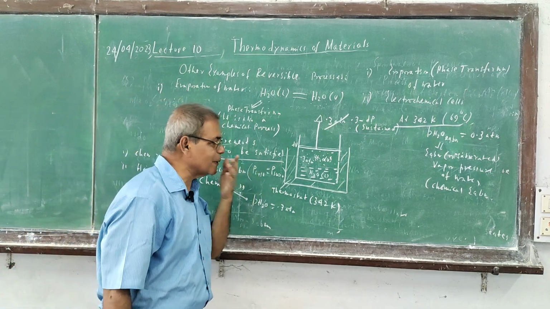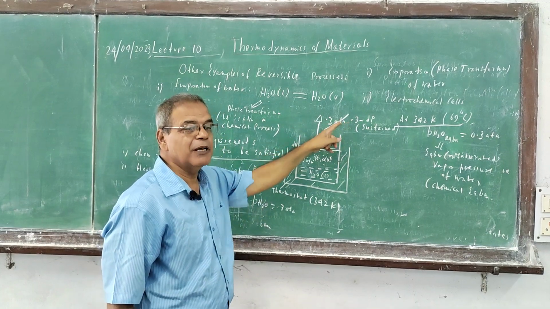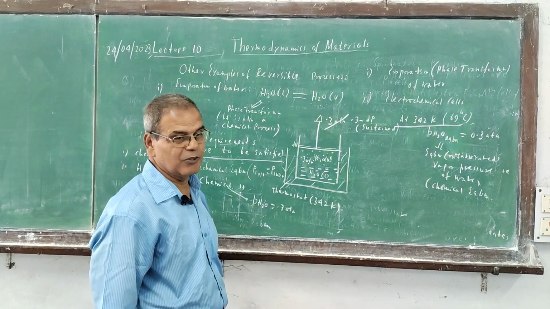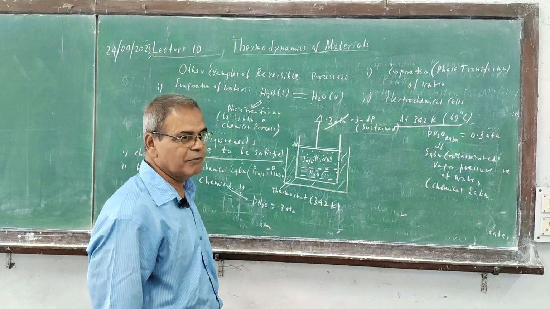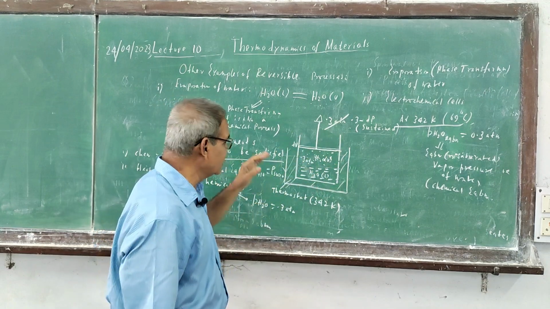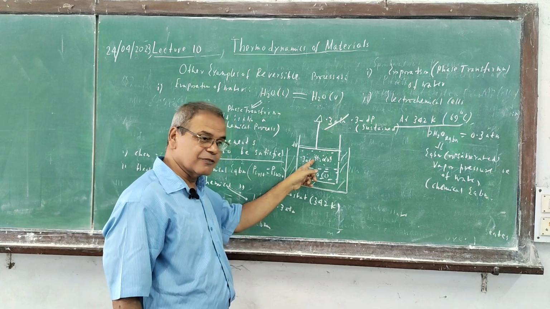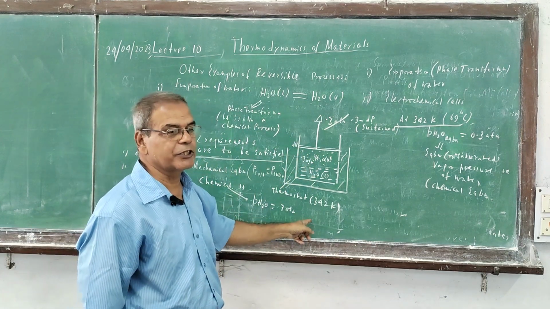So again, to repeat: when I disturb the mechanical equilibrium from the initial equilibrium state, there is a change in volume, an increase in volume, then the pressure drops, and it is no longer 0.3, it is 0.3 minus dP.